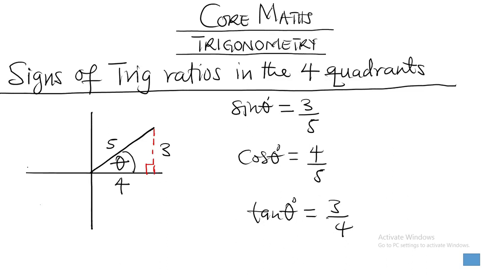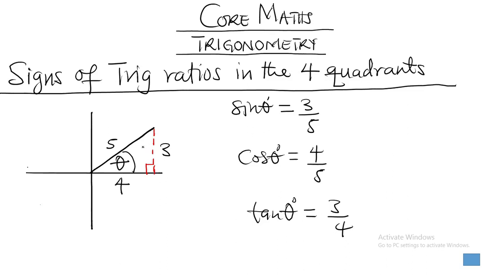Now, you realize that they are all positive. I hope you can see that. So what it means is that in the first quadrant, all the trig ratios there are positive. We can also put it this way, that the trig ratios of all acute angles are positive.